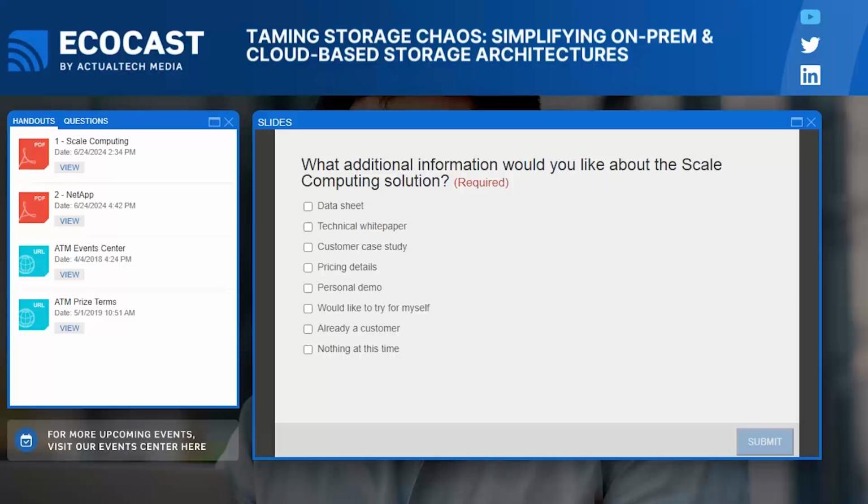Okay, so first question I've got here is, what specific AI ops capabilities should IT professionals look for to improve efficiency and performance? Great question, and in answering it, it's a bit of a misnomer. If you do have AI ops, the name of the game is that it's going to be self-managed.